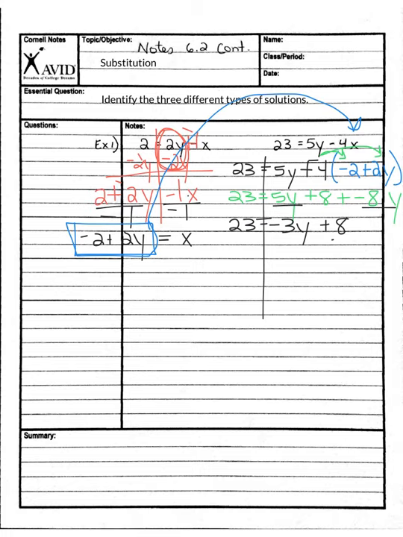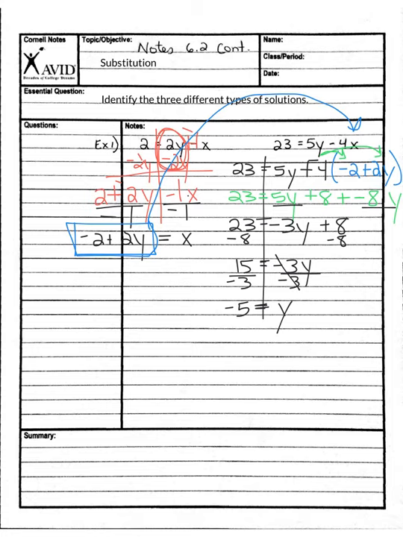So I'm going to subtract 8. Whatever I do to one side, I do to the other. So I have a negative 3y equals 15. The inverse of multiplying by a negative 3 would be to divide by negative 3. We're isolating the letter y. And we get 1y equals negative 5.